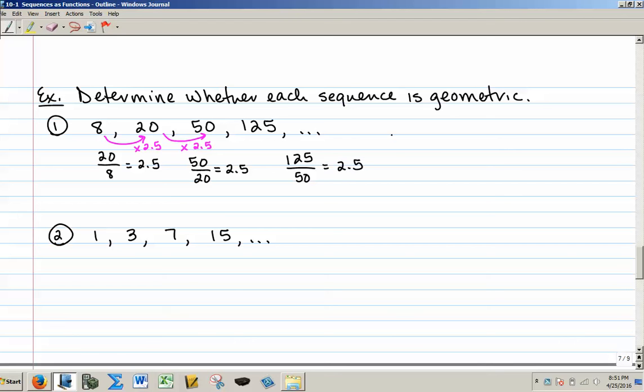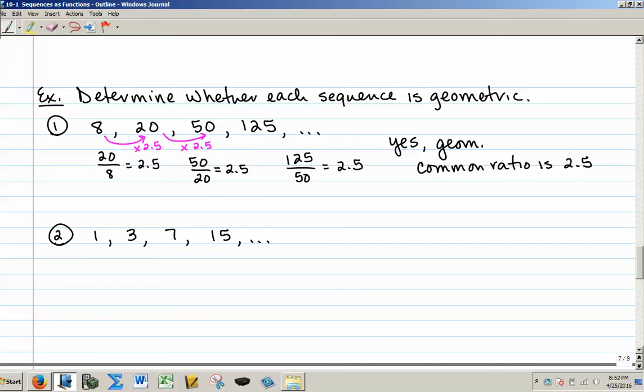So it appears that yes, this is geometric. My common ratio is 2.5, because that's what you multiply each number by to get the next.